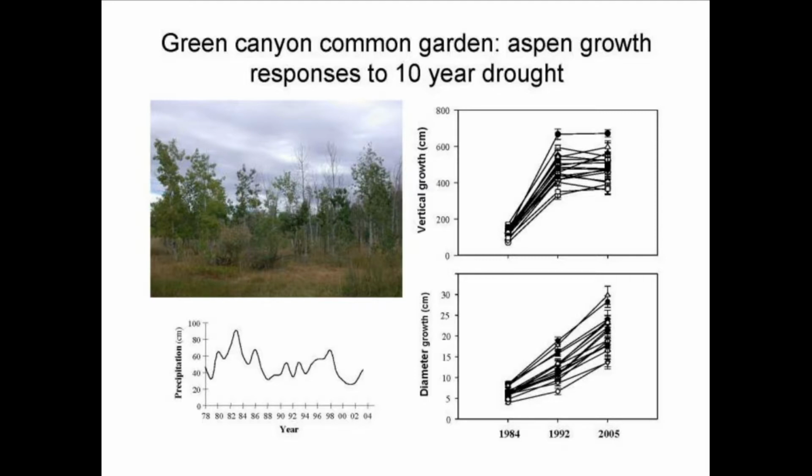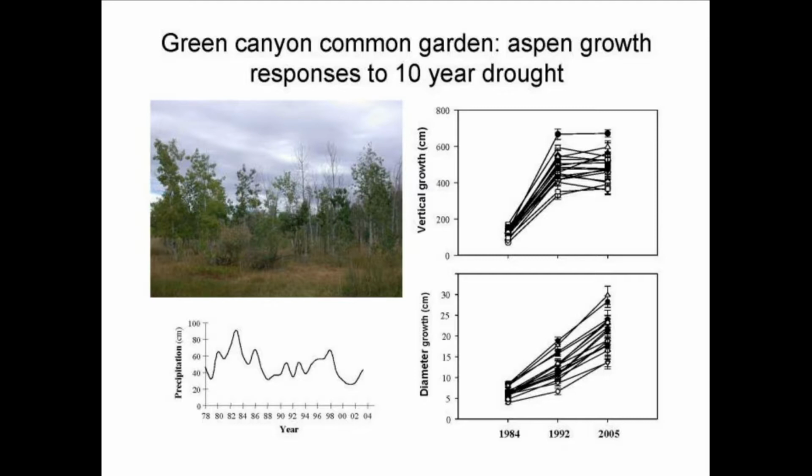And we looked at aspen growth responses to 10 years of drought. And this is precipitation data that was collected at a station nearby. What's interesting about this is vertical growth of the 20 clones in the aspen garden over the period of 1984 to 2005. And diameter growth, or girth growth of the stem, is maintained over the period of the study.